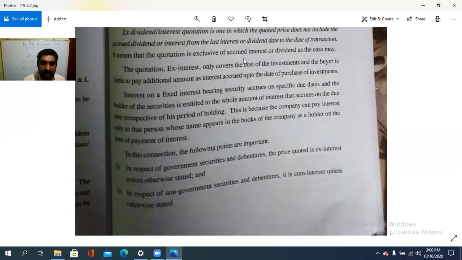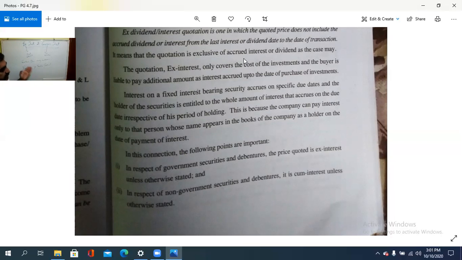Then the quotation ex-interest. Ex-interest means without the interest. Ex-dividend means without the accrued dividend amount. Cum means with the dividend or with the interest. Clear? Then the quotation ex-interest only covers the cost of the investment, and the buyer is liable to pay an additional amount as interest accrued up to the date of the purchase of the investment.